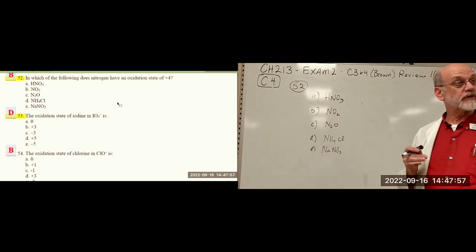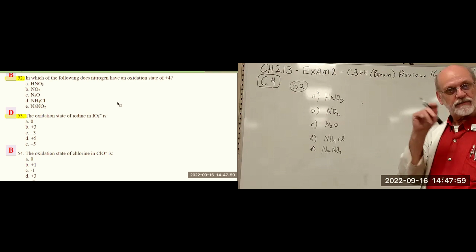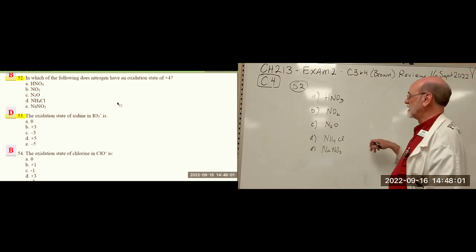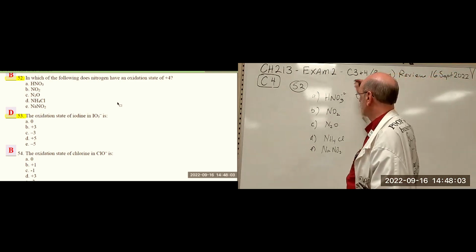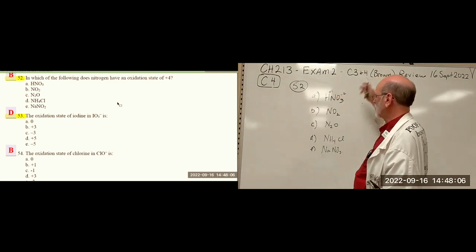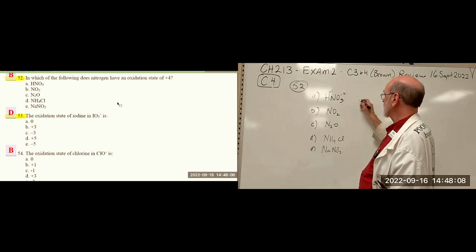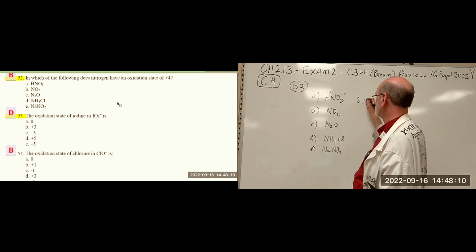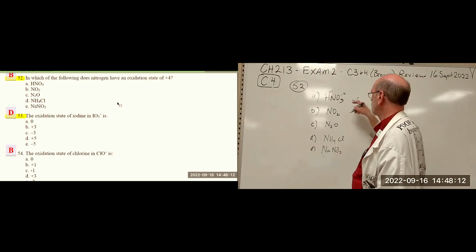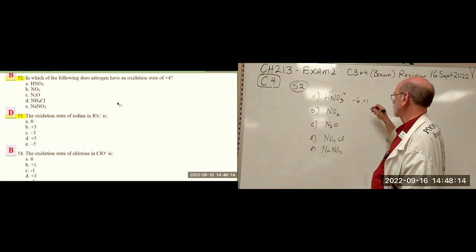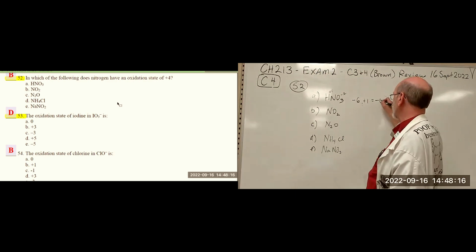Okay, remember how to find oxidation states. Got to use the rules to nail down everything but the one you're looking for. So oxygen's always -2, hydrogen's +1. That means this is 6 minuses. And this is a +1. So that's a -5.